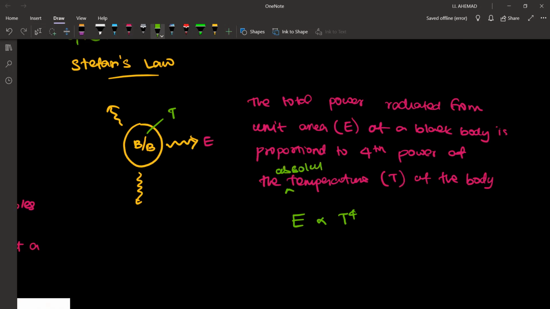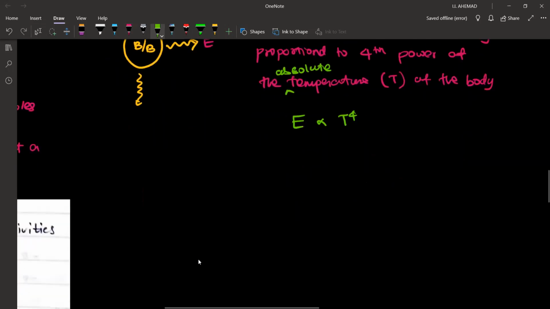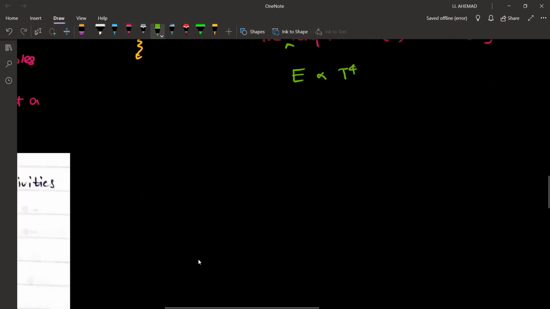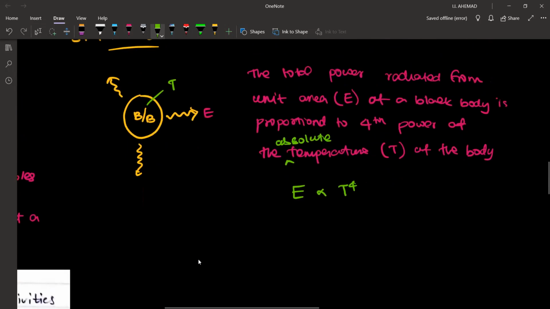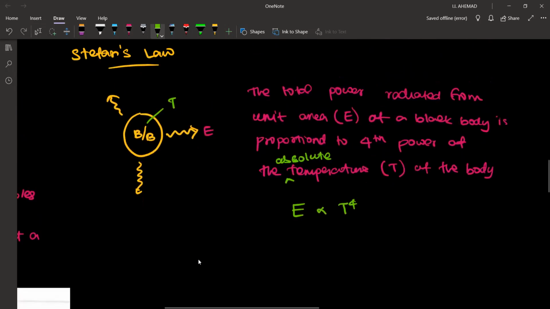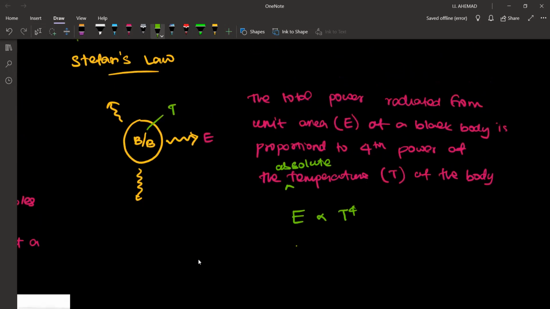We can convert this into an equation by introducing a constant, sigma. We call this constant Stefan's constant.